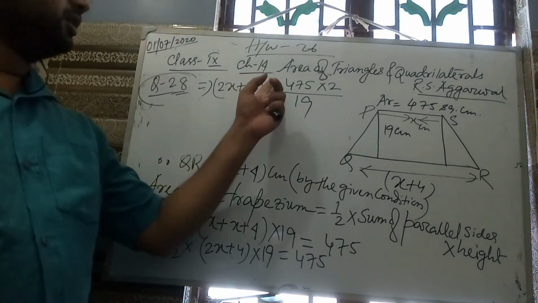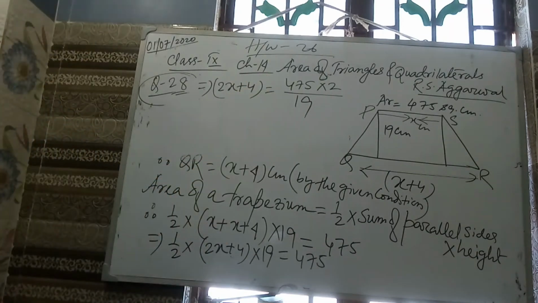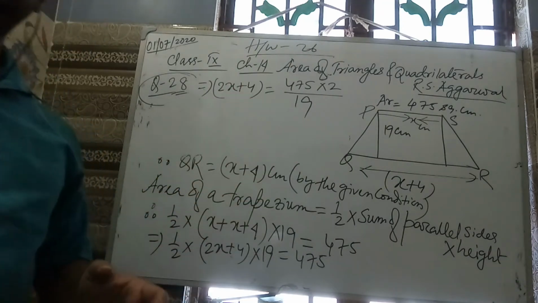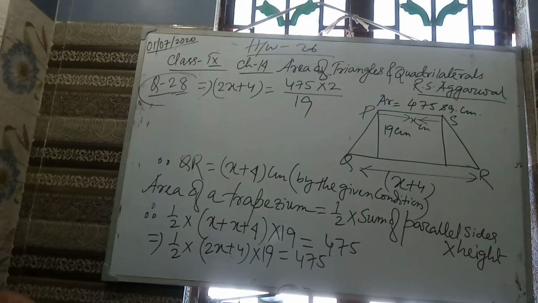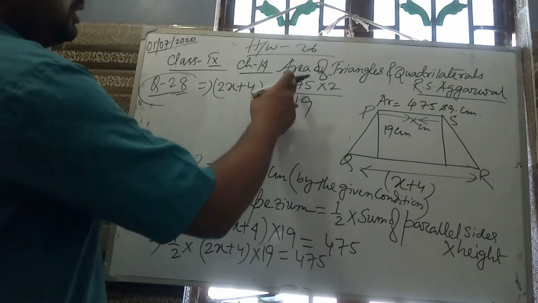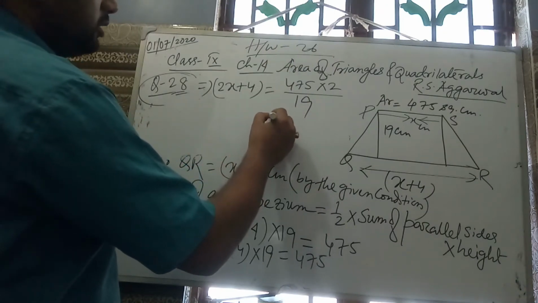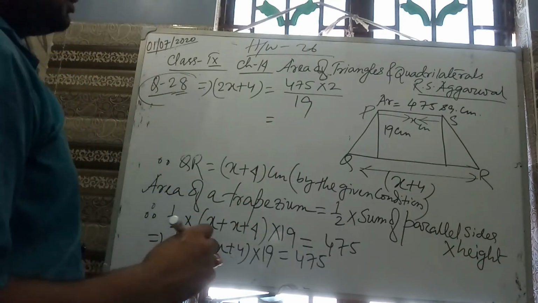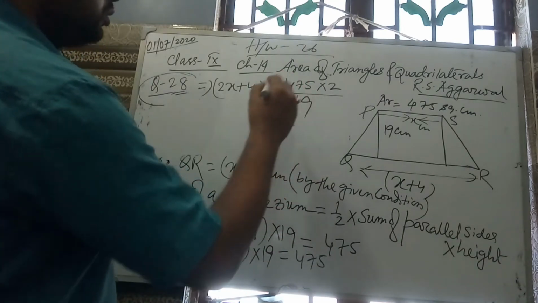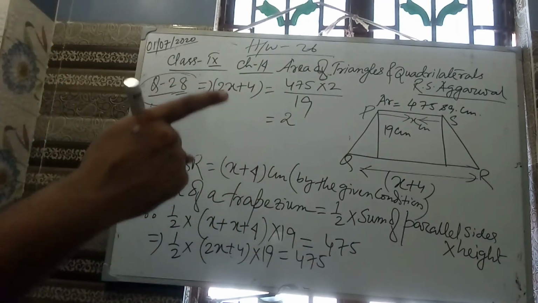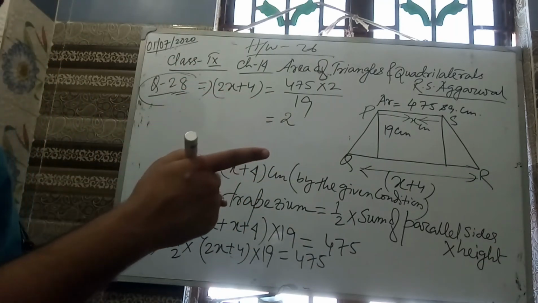Calculate this number. 475, is it divisible by 19? 19 into 2 is 38. What will be the value? 95?